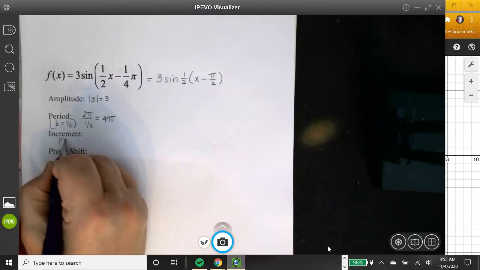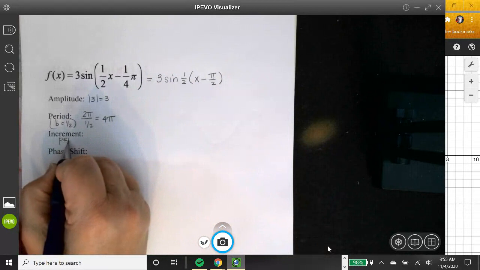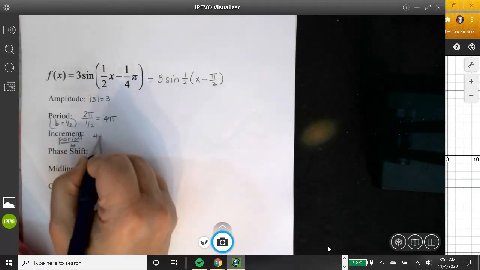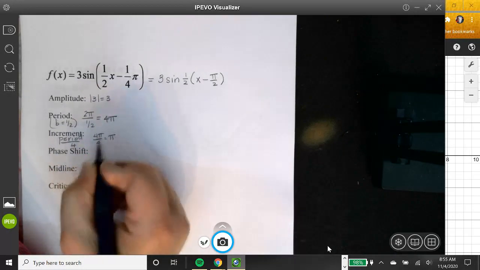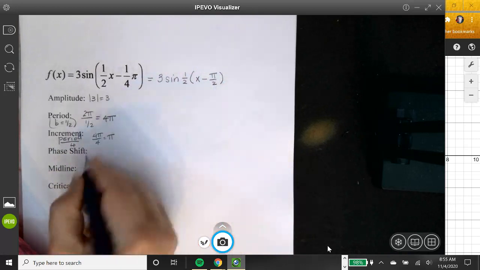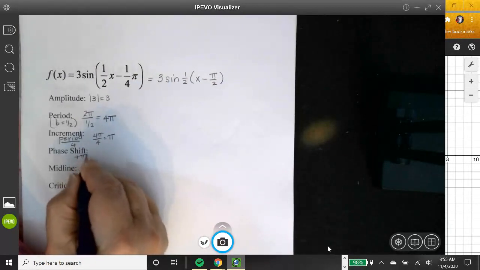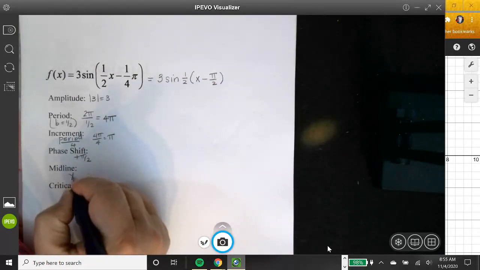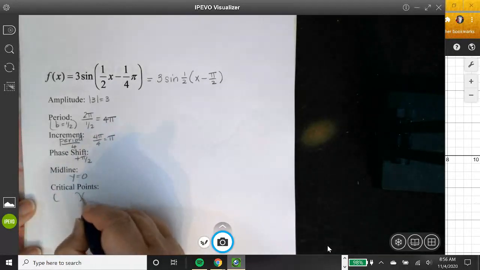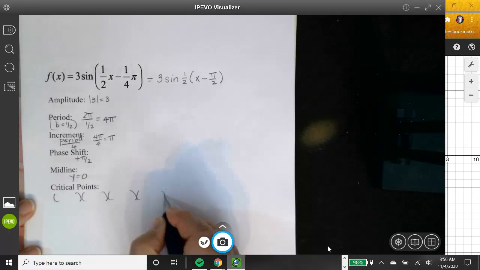The increment is the period over 4, and so that's going to be 4 pi over 4, which is pi. The phase shift is now, well, what makes that 0? It's going to be a positive pi over 2. The midline in this case, again, is y equals 0. And how many critical points do I have? I have 5 critical points.